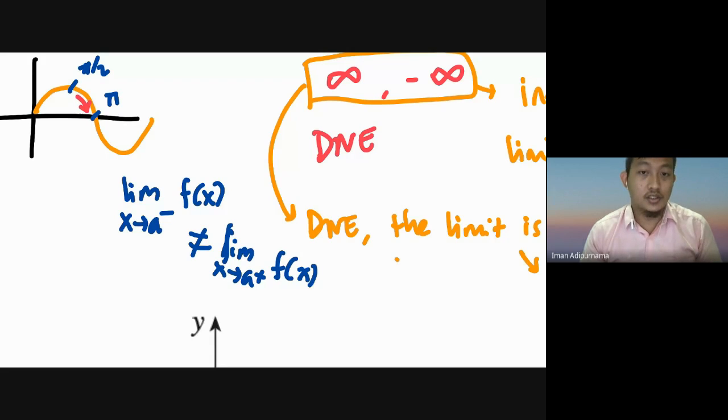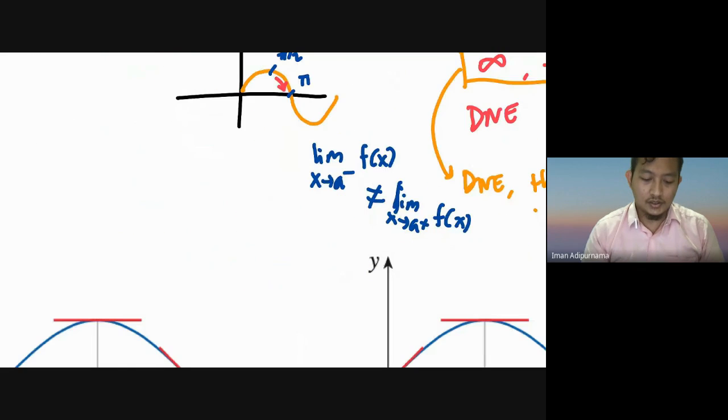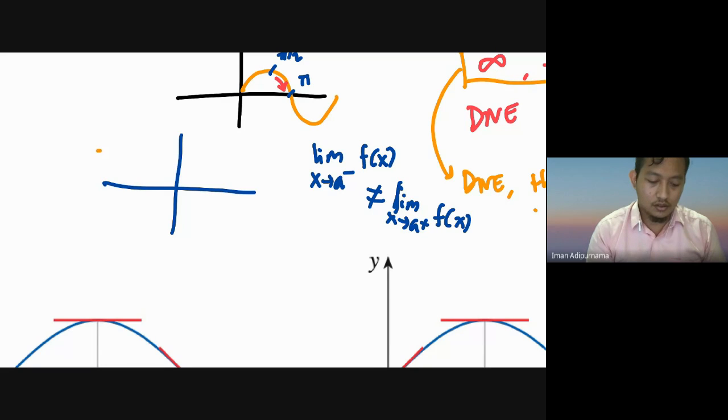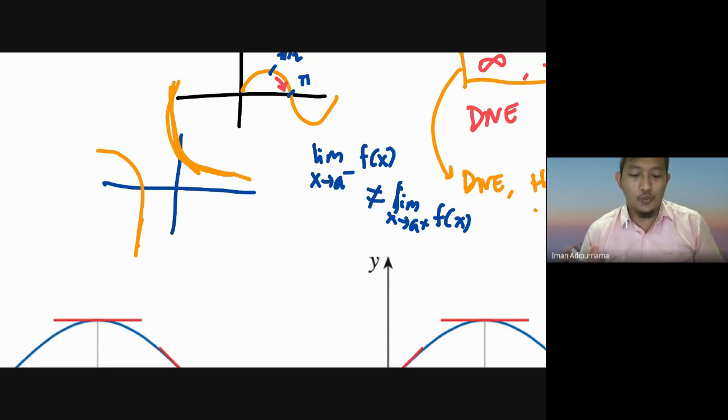This pretty much doesn't exist. For example, this is also correct. It's going down, and then from here it's going up. But if we just look at the number, we can say that this is going to negative infinity, and this is infinity.